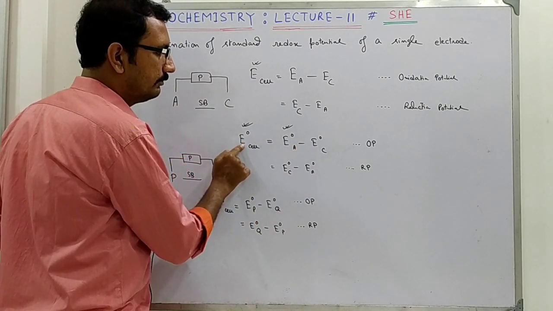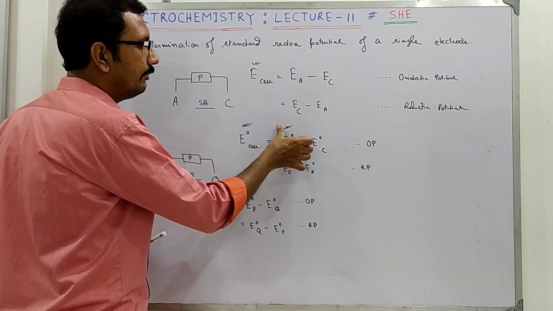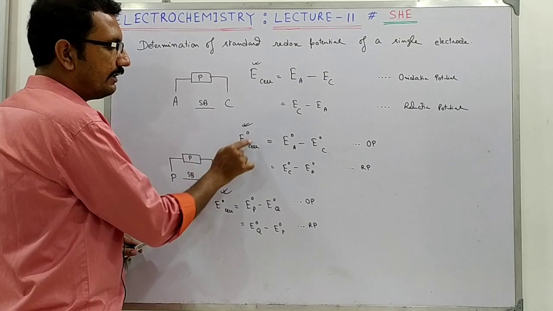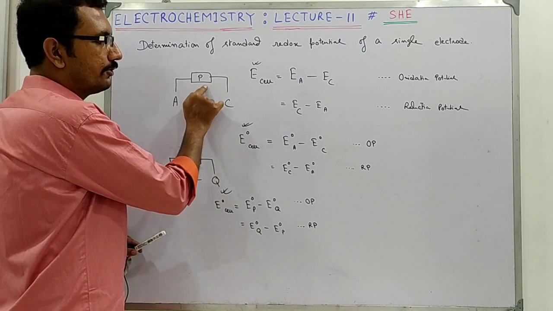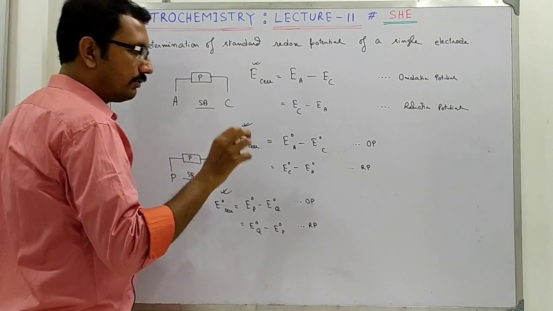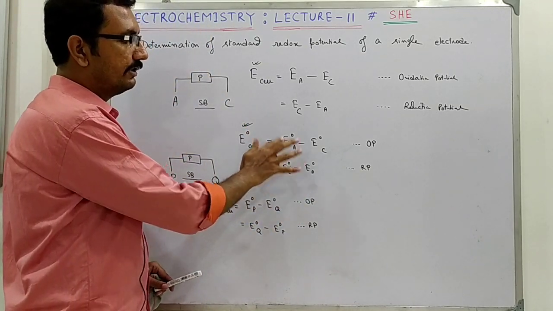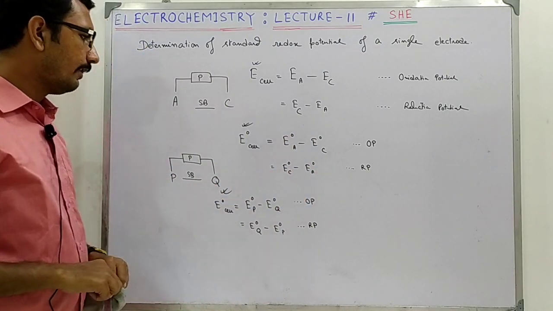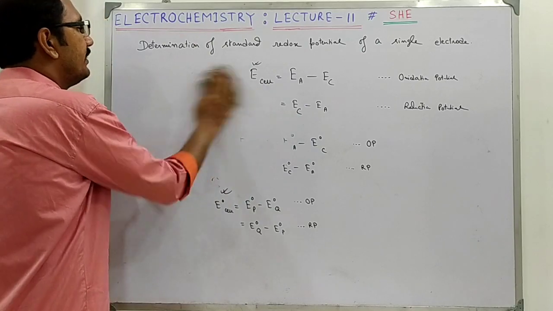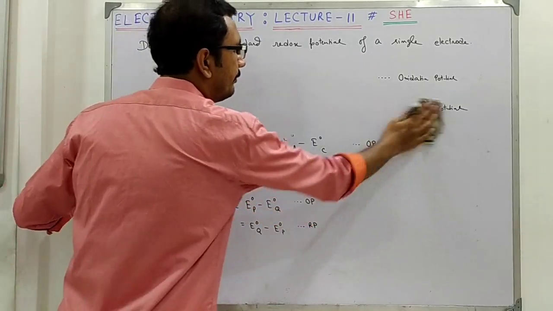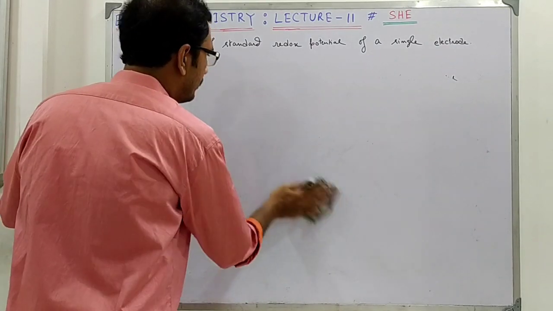So, this is known, this is known, so this will be known from this equation, but only the standard EMF value of this galvanic cell is known with the help of a potentiometer, and there is no such instrument which can determine the absolute value of this electrode. Then what to do? I am repeating this with another set of examples so that you will be able to understand.